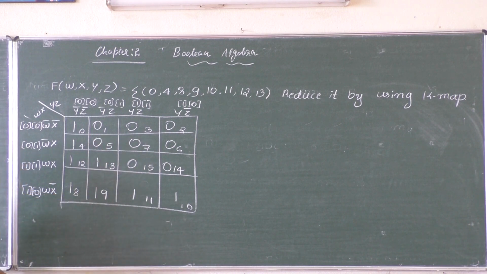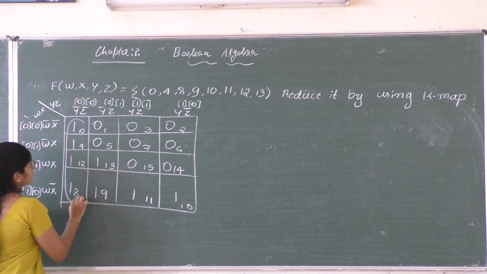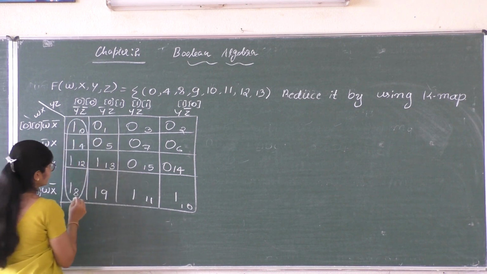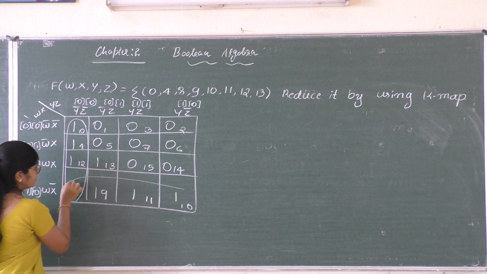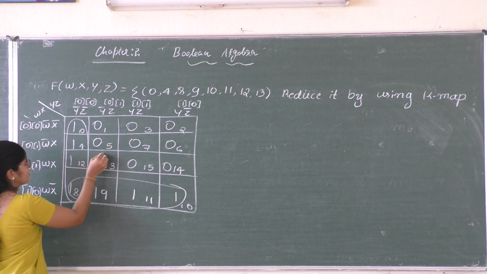Yes, next step is forming the groups. First search for octets. There are no octets. Then search for quads. Yes, here you can form 3 quads. Quad 1, quad 2, quad 3.